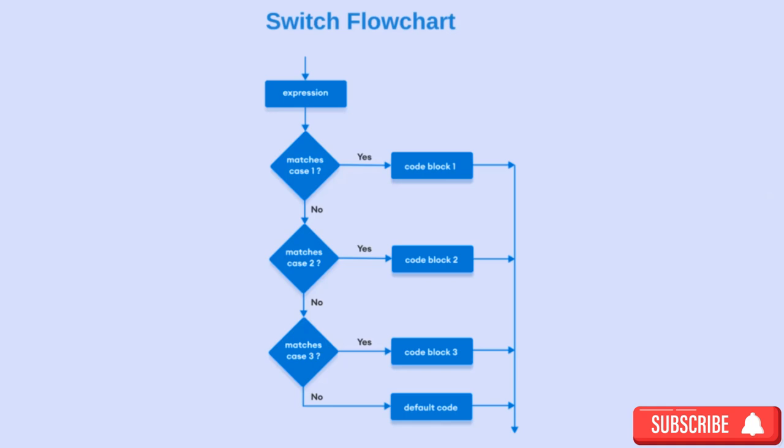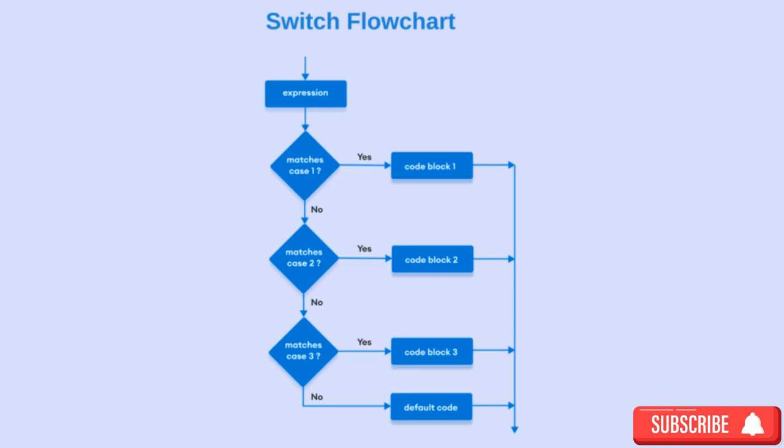Initially we pass an expression or a variable that will return a particular type of value, and on the basis of that value I will add multiple cases. Whichever is the appropriate case in the switch statement, that particular case will get executed. As you can see here, it is not going one by one, it will directly go to the respective case. But if none of the cases satisfies the switch, then the control will come to the default block.